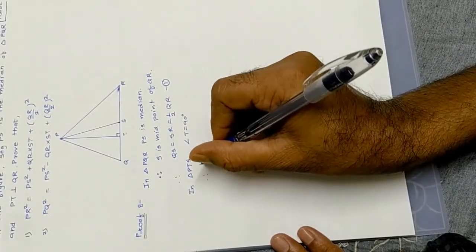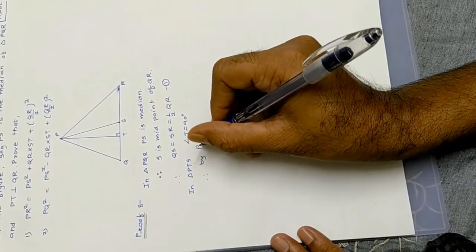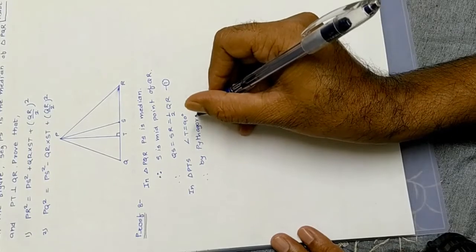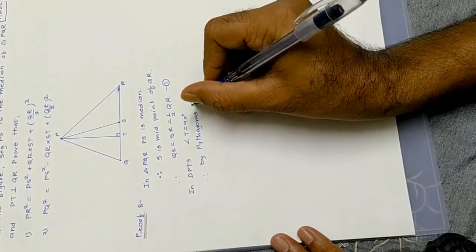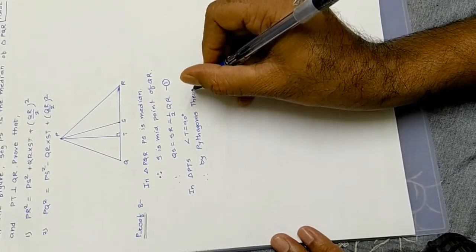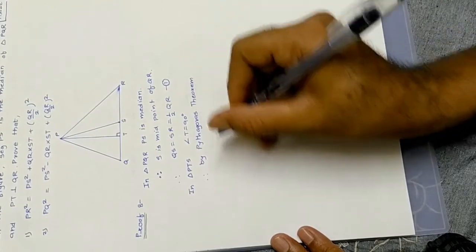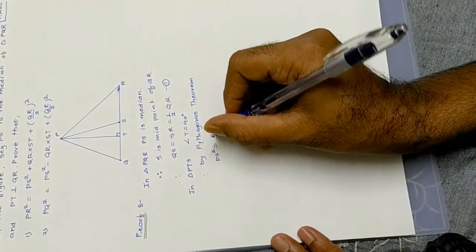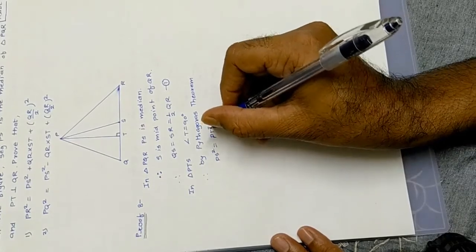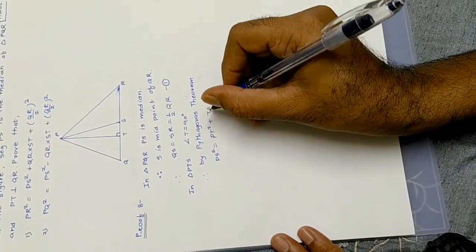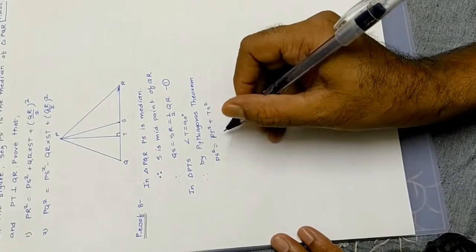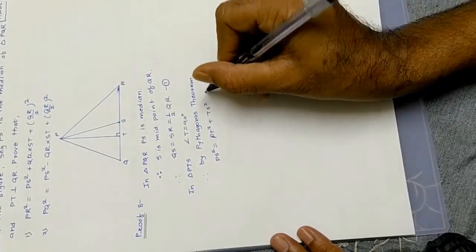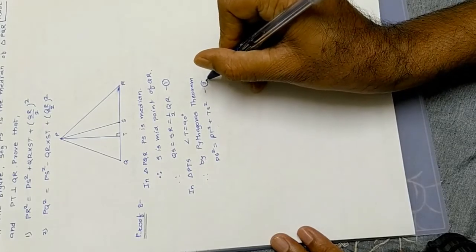Therefore by Pythagoras theorem, just apply. How you will apply? PS square is equal to PT square plus TS square, correct? PS square is equal to PT square plus TS square. Say equation number 2. Simple.